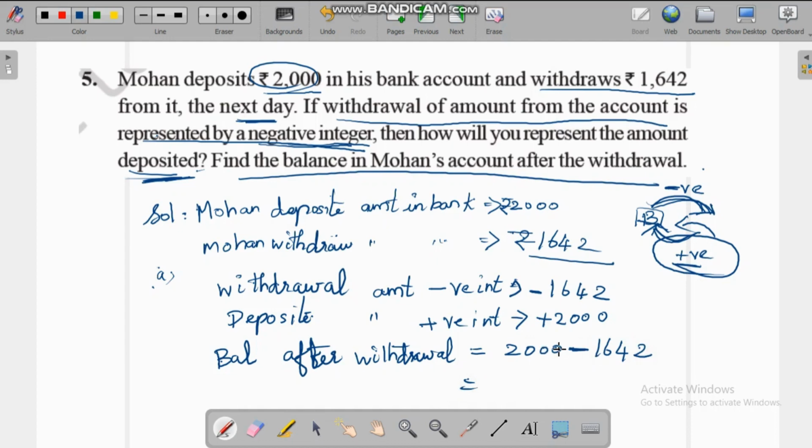So the answer would be 358. So the balance in the account after the withdrawal is rupees 358. Understood?